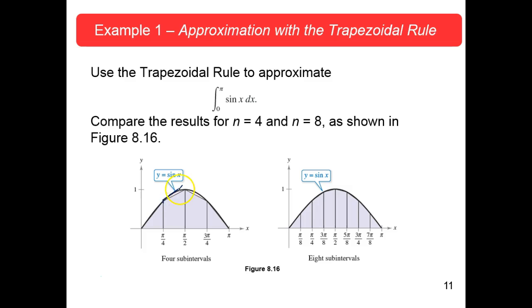That would overshoot, but not as much as the trapezoid rule undershot. I don't have mine quite as a tangent; I got it too high on the right-hand end and too low on the left-hand end. But it's a better approximation than the trapezoid rule. The thing that makes it a little more awkward is you have to calculate the midpoints and the function at that value, not at one of the endpoints.